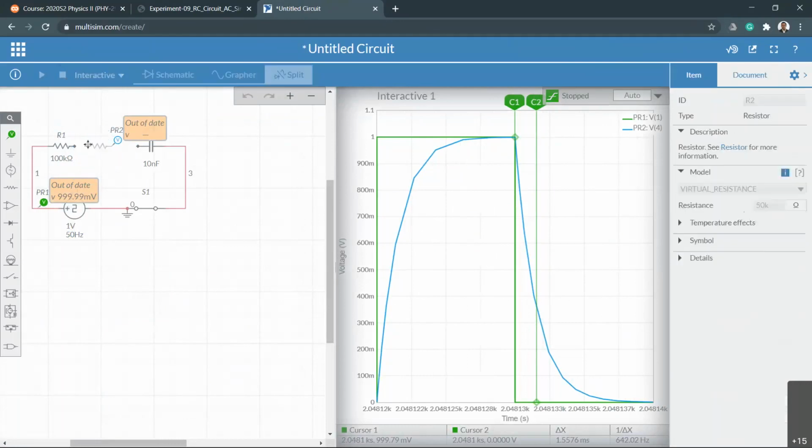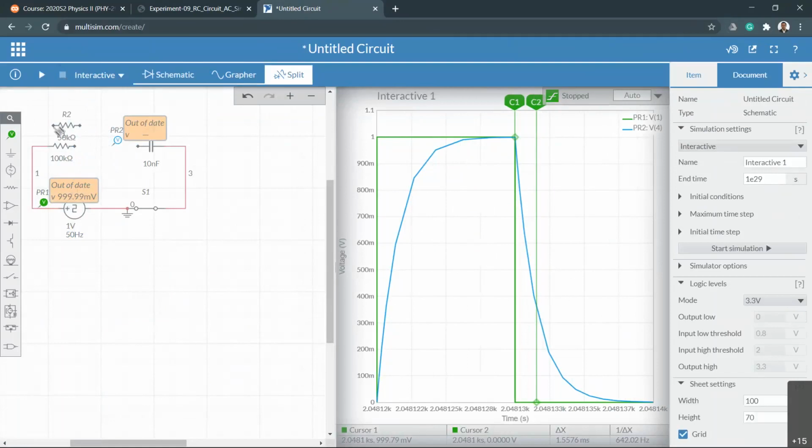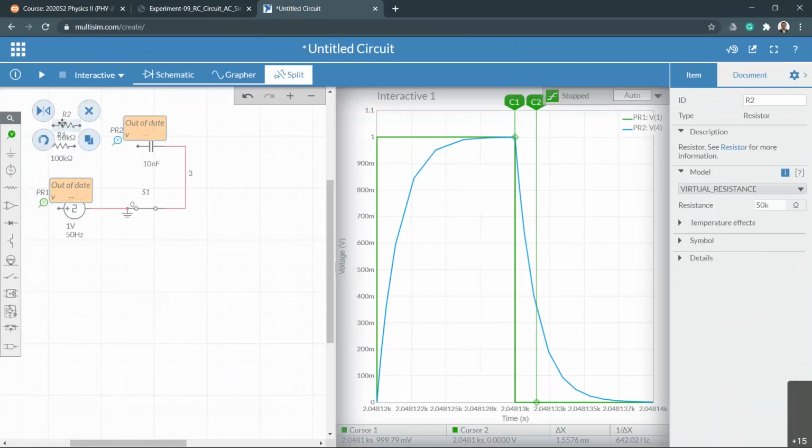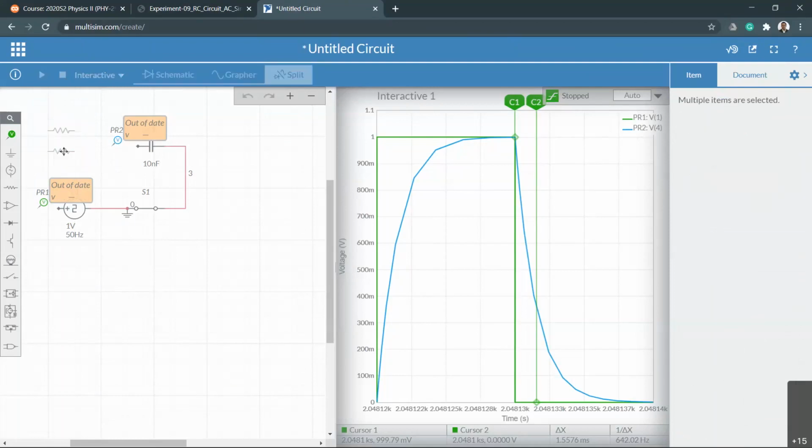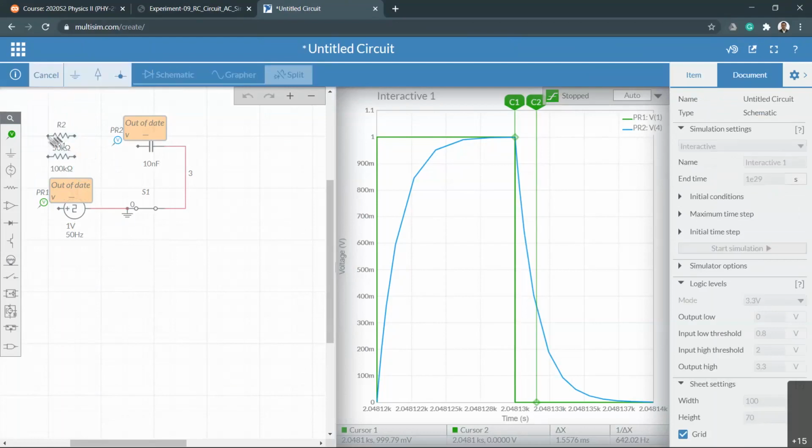Then these two resistors should go parallel to each other. You can connect this way, and if you connect this way, these two become parallel. So first make these two parallel.